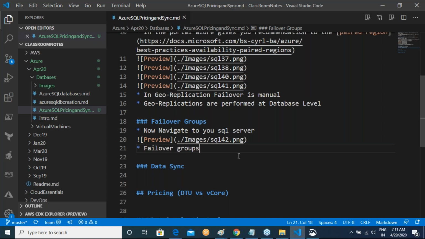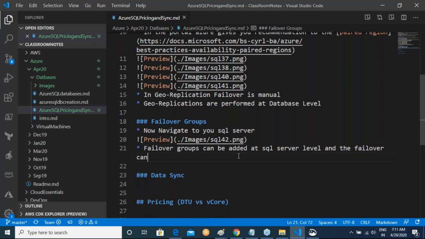Failover groups can be added at SQL server level, and the failover can be made automatic. So if you want the failover to be automatic, then you have to play with failover group.